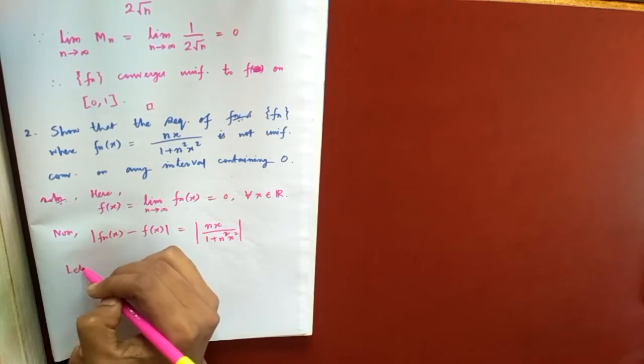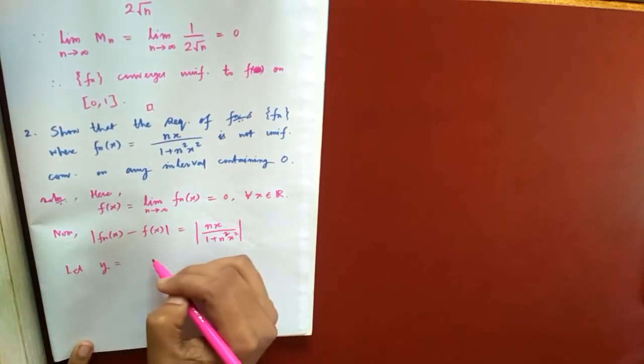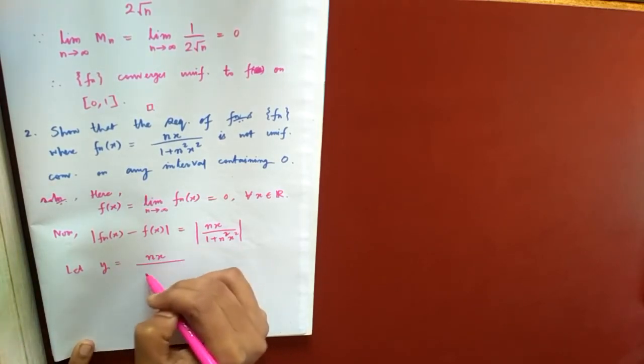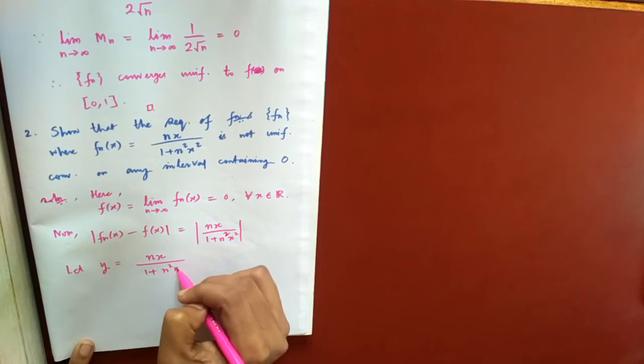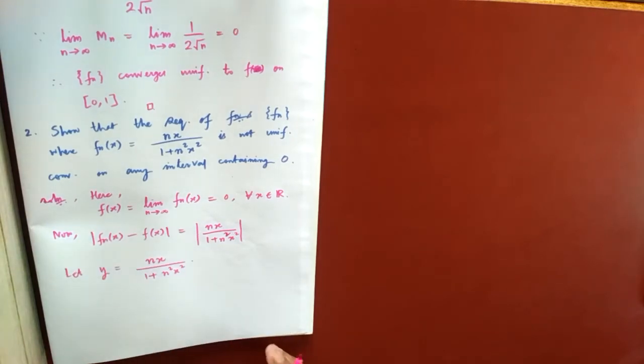I'll do it in the same way, the exact same manner by which I did the previous sum. I'm following the same technique. Let y equal nx by 1 plus n square x square. Now our task is to find the maximum value of this.